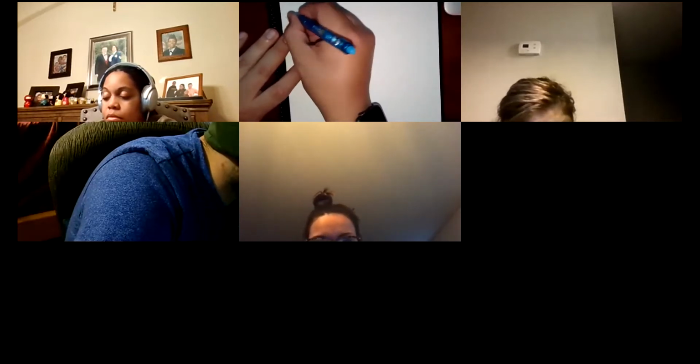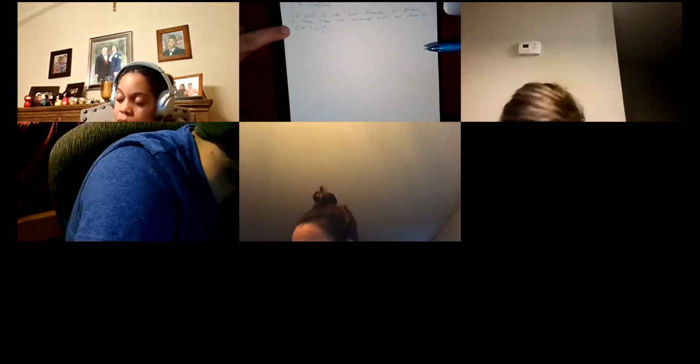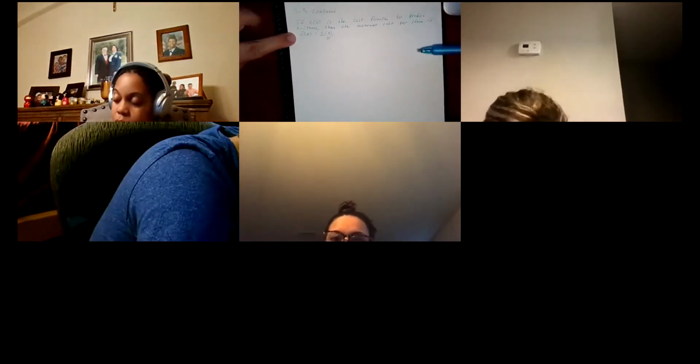So if they ask for your average cost, so if C of X is the cost function to produce X items, then the average cost per item is C bar of X equal to C of X over X. So when you see the symbol, little bar on top of the C, that means average cost function.